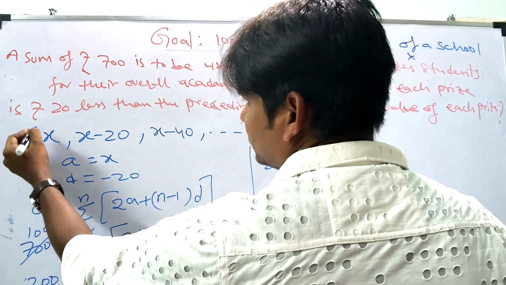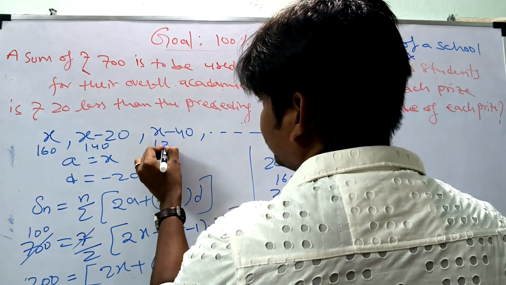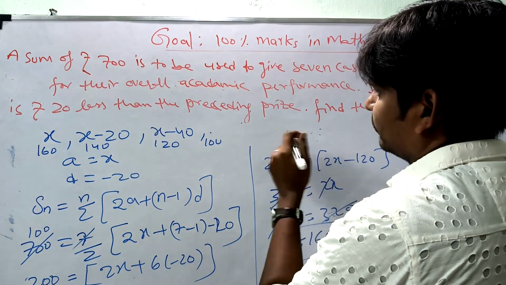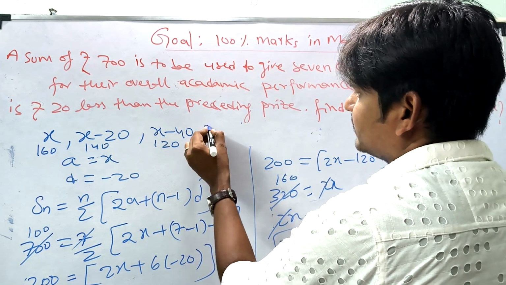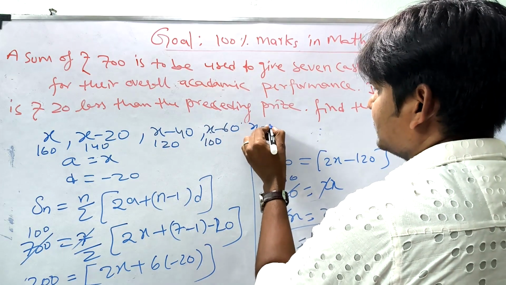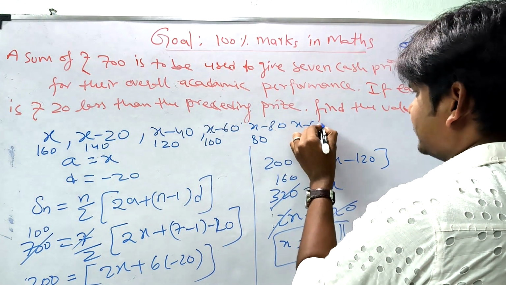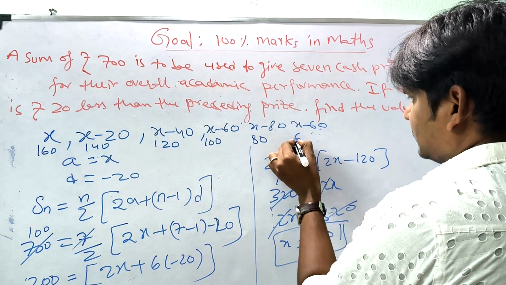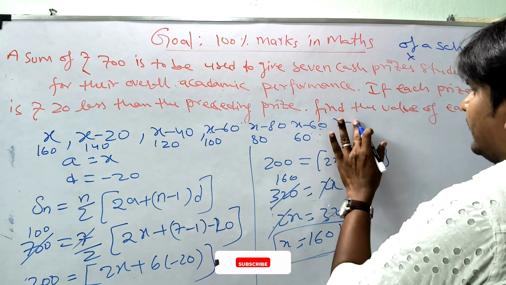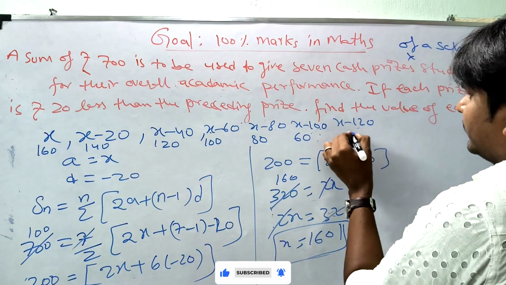Now this is 160 rupees, correct? Then it will be 140, 120, 100. I am taking all 7 terms here. Now x minus 80 is 80, x minus 100 is 60, and x minus 120 gives 40.